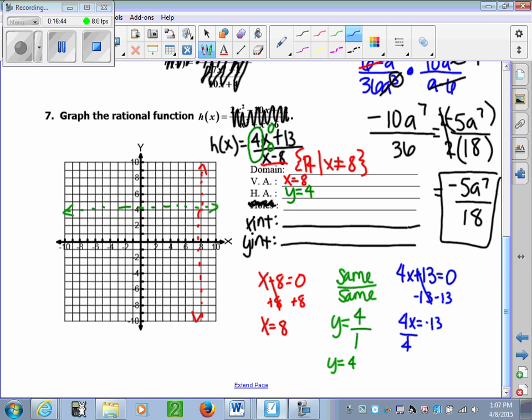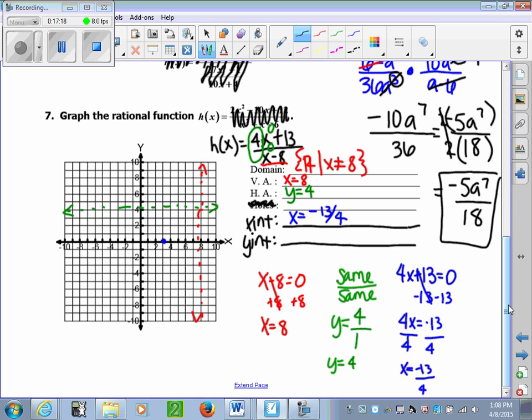Divide by 4, x equals negative 13 over 4. So my x-intercept is at x equals negative 13 over 4. Okay, and I know that's a little past 3, so I should expect it to cross my x-axis somewhere in here. I'll just put a little dot there so it gives me a reference point when I'm sketching my graph.